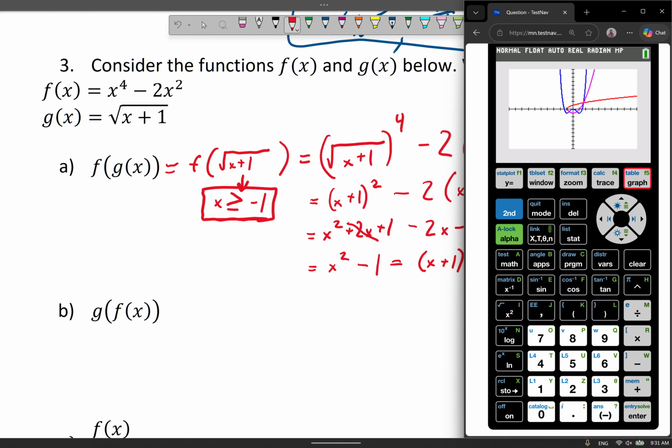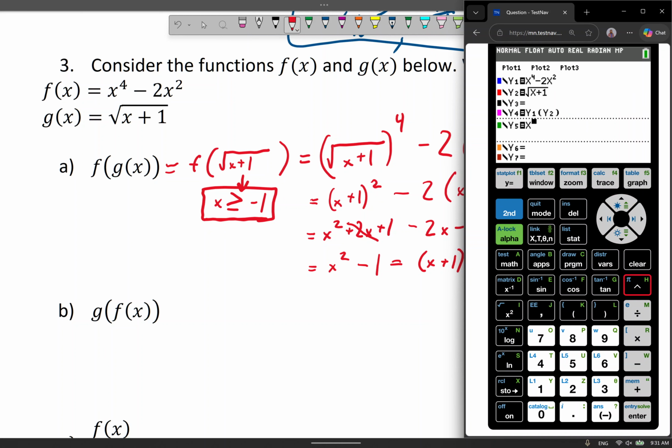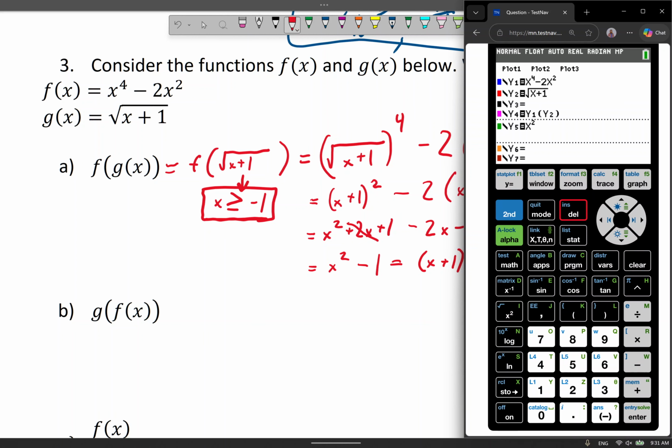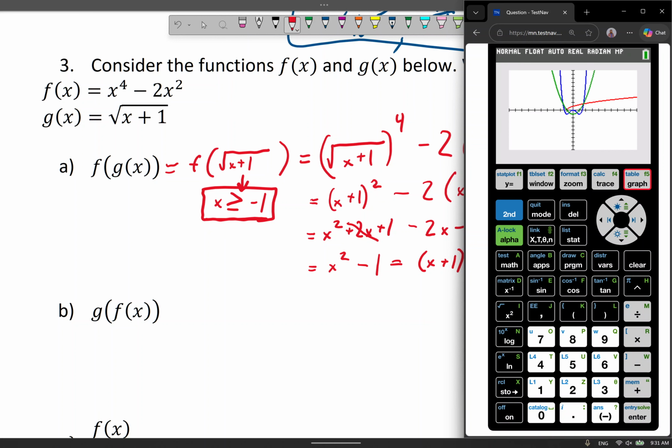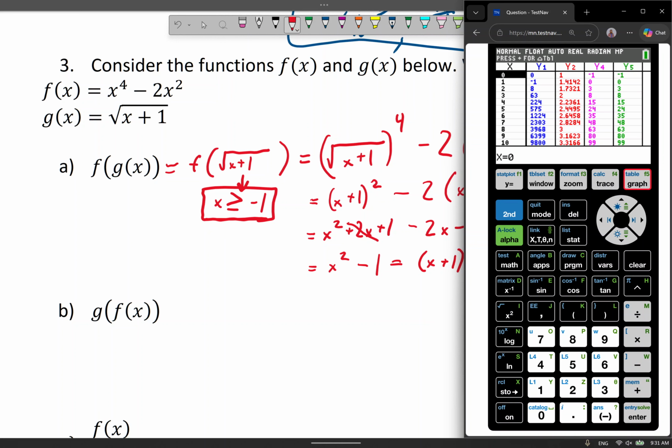If we were to graph the x squared minus 1 function that we simplified to, you're going to see it looks the same as the pink one, but it doesn't have that same restriction.